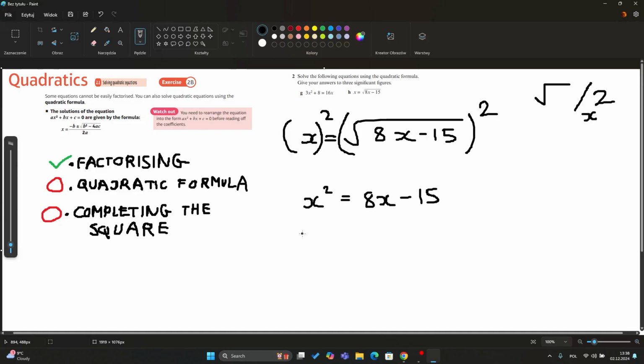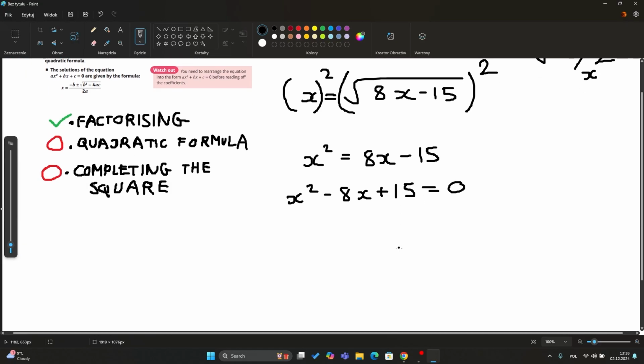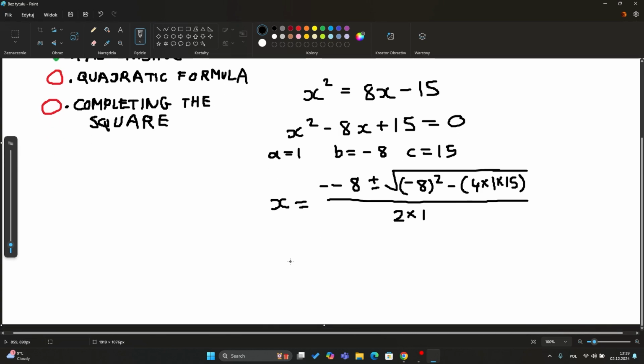So now we can do x squared minus 8x plus 15 is equal to 0. And now we look at the coefficients and plug them into the formula. But what we can do instead is finish our result with a calculator.